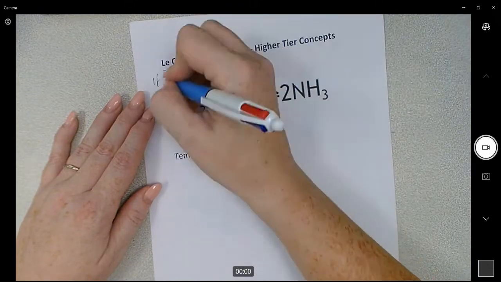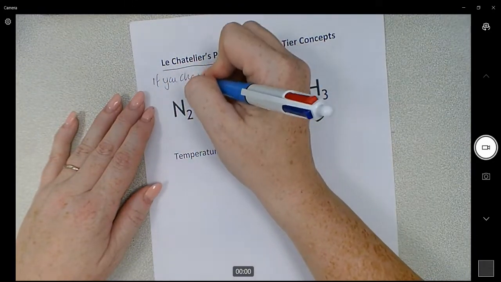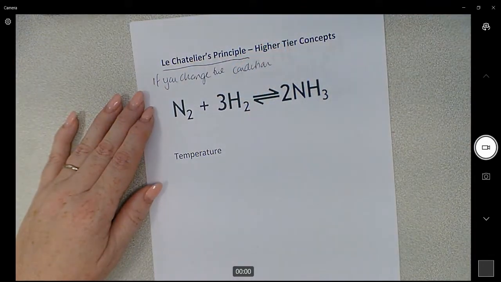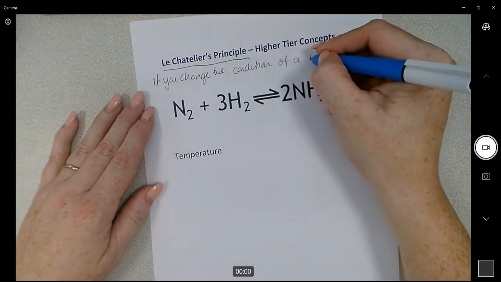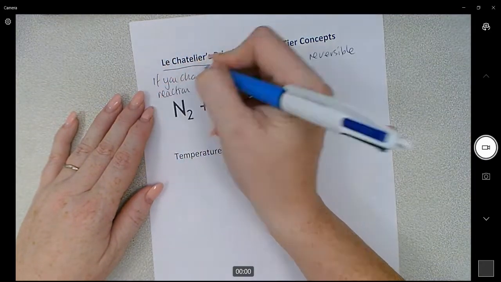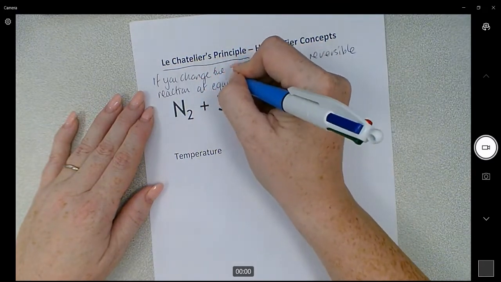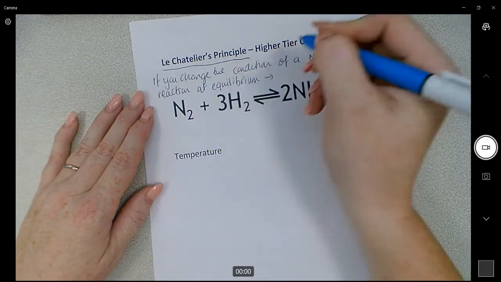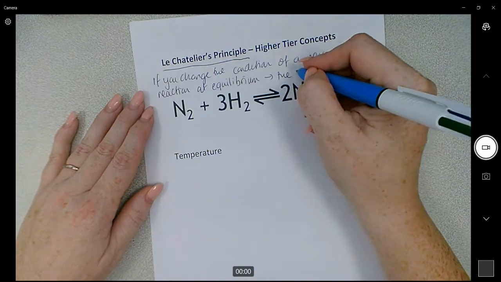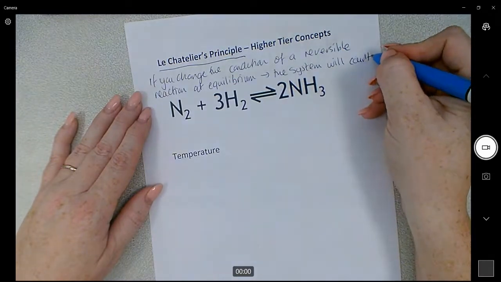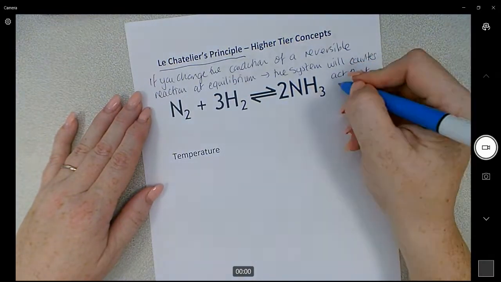Essentially, if you change the conditions, because remember, in a dynamic equilibrium, the conditions don't change, but if I change the conditions of a reversible reaction when it is at equilibrium, then the system will try to counteract that change.